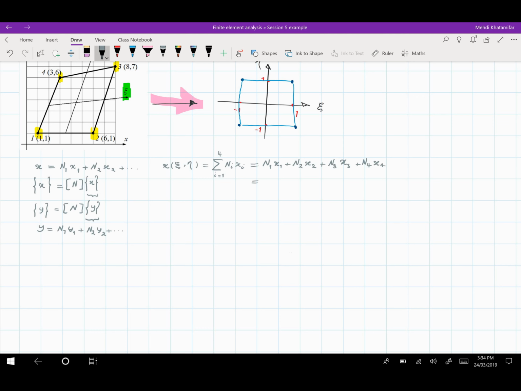Okay, for these quadrilateral shapes, if you remember, we extracted n1, n2, n3, and n4. Please go back to the lecture notes and remind yourself how we drew or extracted those formulas.